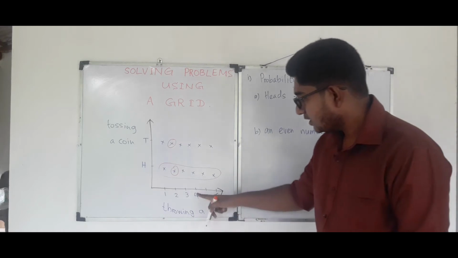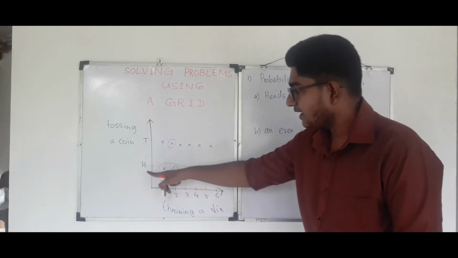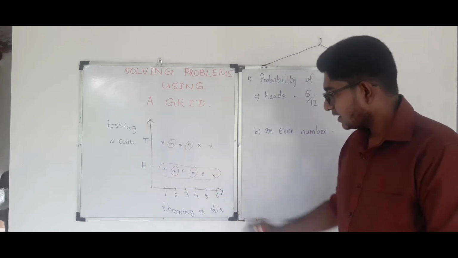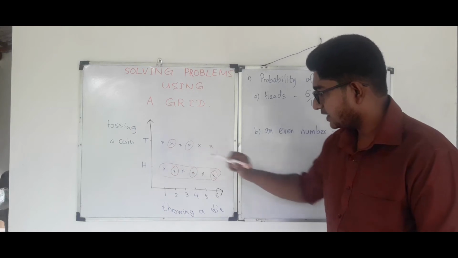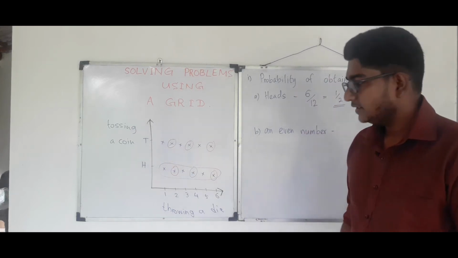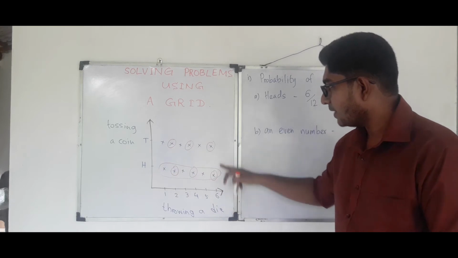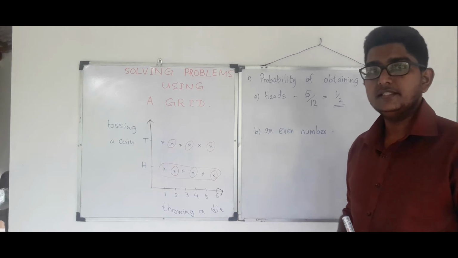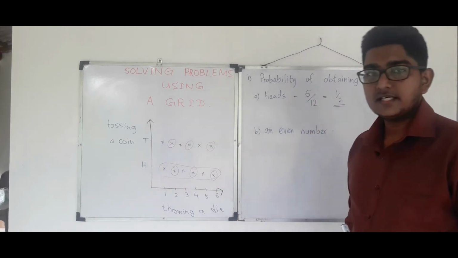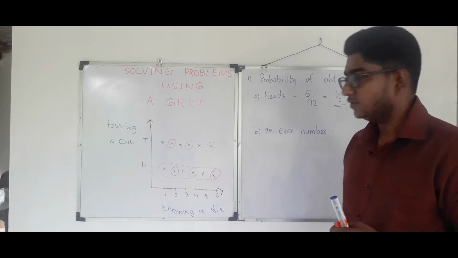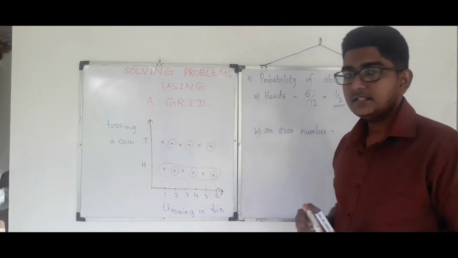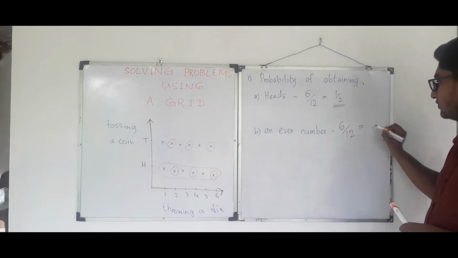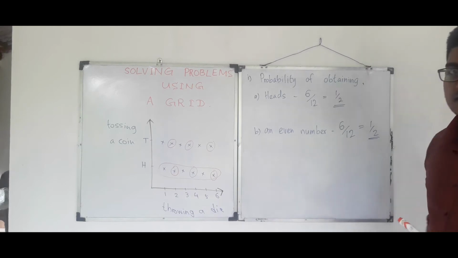Or it can be 4 and heads, 4 and tails, and also 6 with head, 6 with tail. So all the crosses which I have marked are obtaining even numbers. They are not mentioning anything in this axis. We can obtain either heads or tails. How many crosses are marked? We have marked altogether 6 out of 12. Once again, the probability is half.